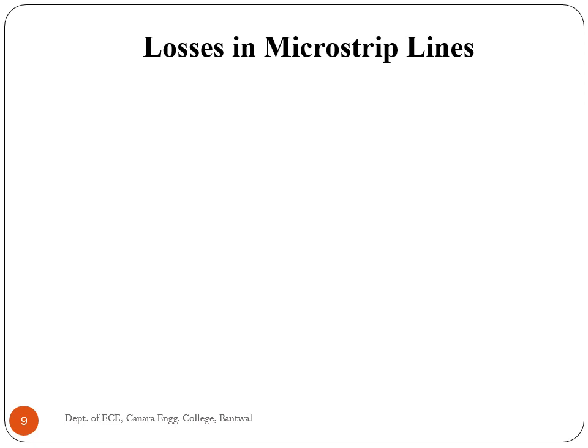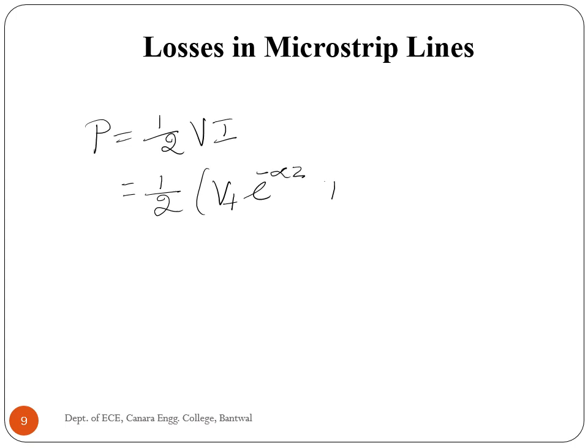The sum of these two losses may be expressed as losses per unit length in terms of an attenuation factor alpha. From ordinary transmission line theory, the power carried by a wave traveling in positive z direction is equal to half V I, which is equal to half V plus e to the power minus alpha z into I plus e to the power minus alpha z.